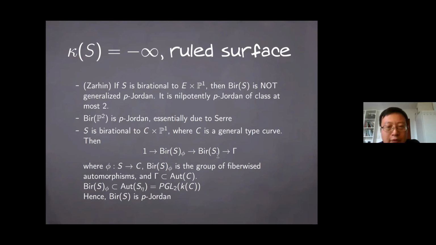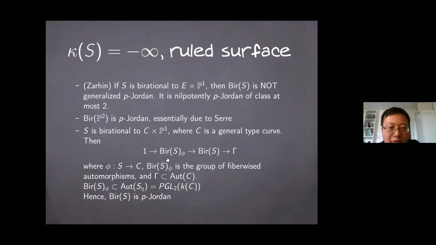This is the birational automorphism group of S, and this one is the birational automorphism group of the fiber P1, which means you fix the base, because here you have a projection from C cross P1, or S, to C. So fiberwise, the birational automorphism group is naturally a subgroup of this, and gamma is just a subgroup of the automorphism group of the curve C. But we know that C is a general type curve, so this is a finite group.